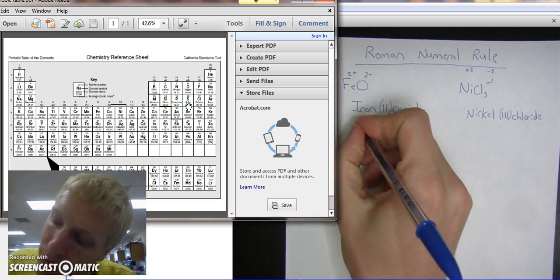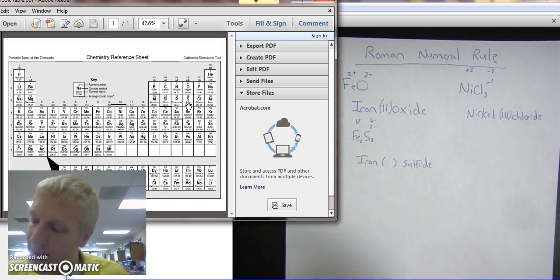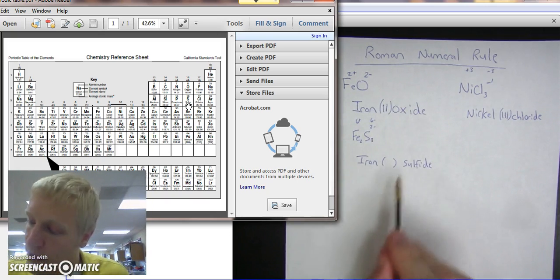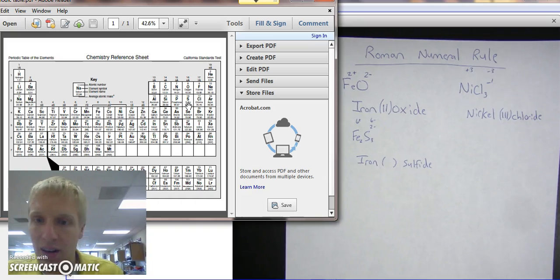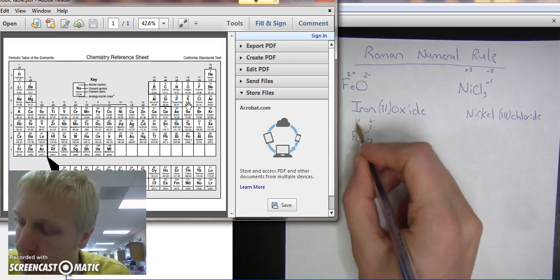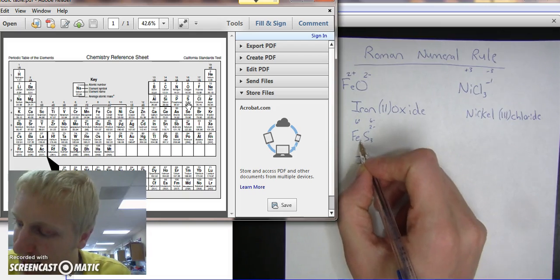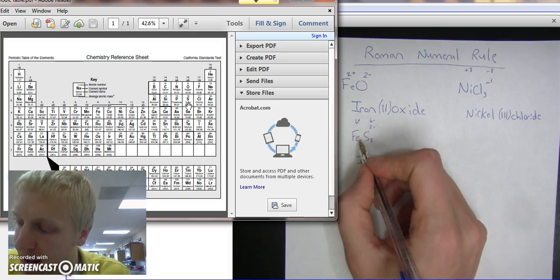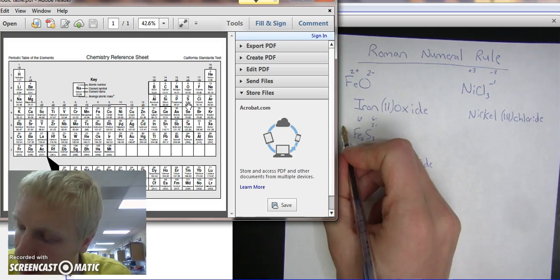Therefore, my overall plus charge needs to be 6 plus, but the Roman numeral is not the overall positive charge. It is the charge of just one of the transition metals. So I have to take my overall positive 6 charge and divide it by how many irons I have. 6 divided by 2 is 3.